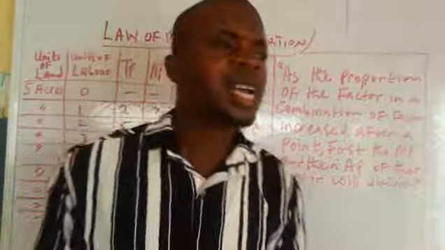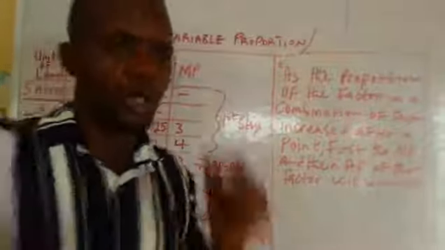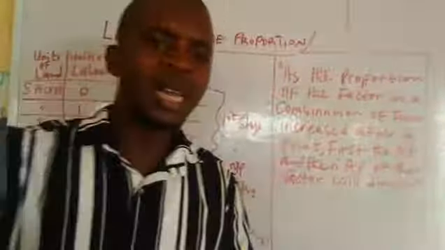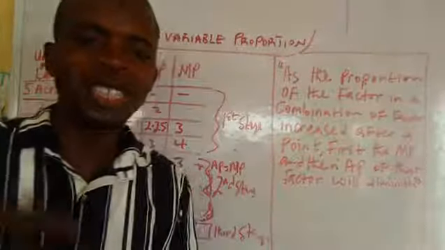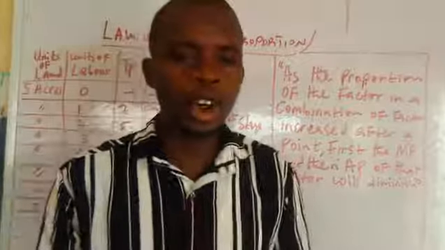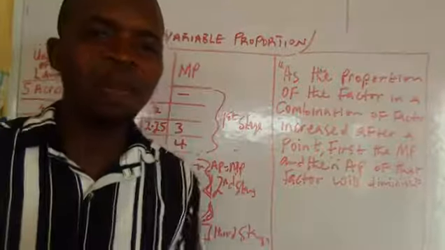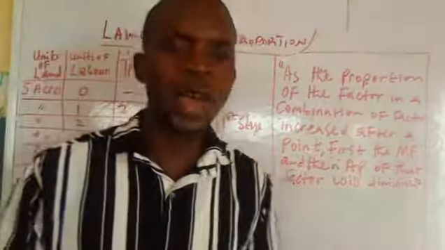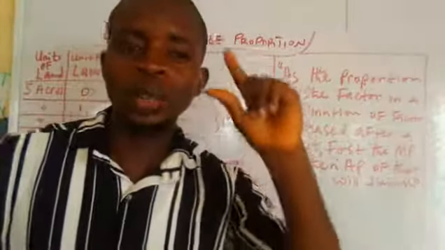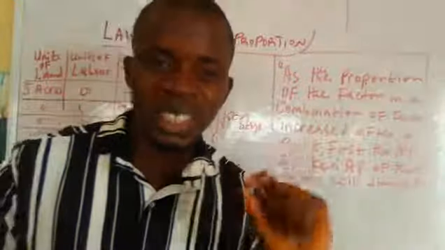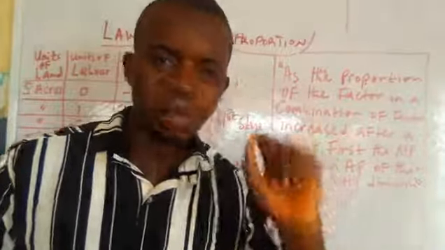Now, by this first assumption, we can quickly conclude that the period is going to be the short term, because the short term economically means a period where there is at least one fixed asset in the business.